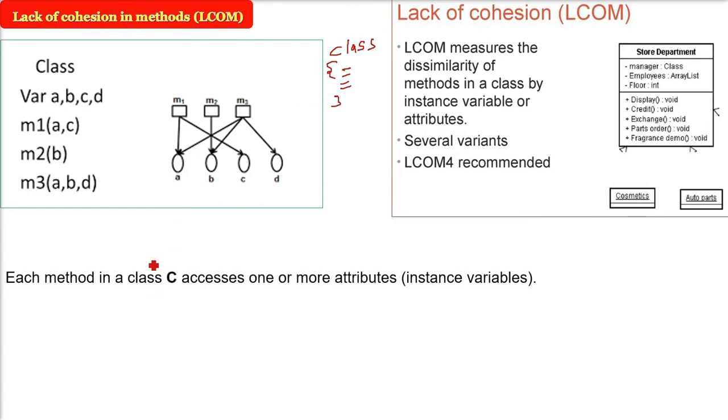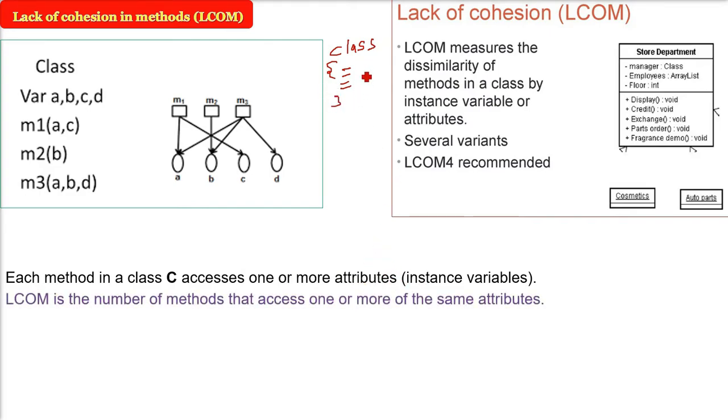Each method in a class accesses one or more attributes; these are called instance variables. So when a method is using, manipulating or accessing one or more attributes, LCOM is defined as the number of methods that access one or more of the same attribute. Please understand, the number of methods that are accessing one or more of the same attribute.